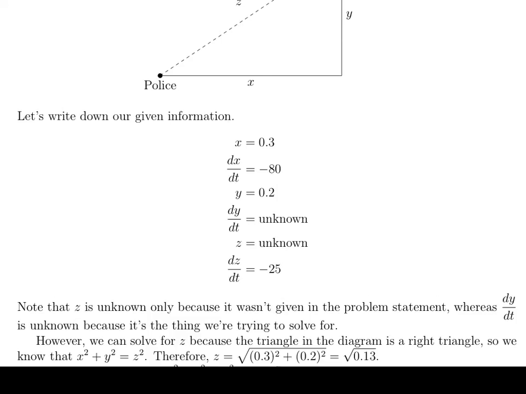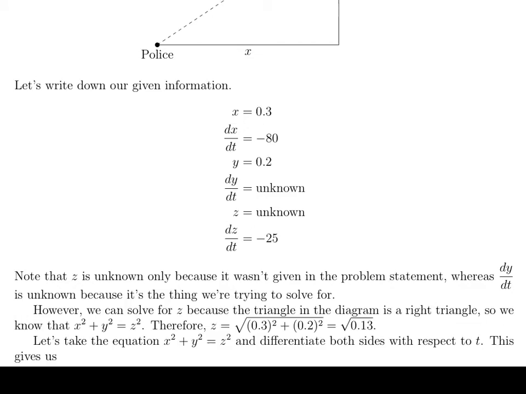All we need to use is the Pythagorean theorem because we're dealing with a right triangle here. So our triangle in that diagram is a right triangle, so x squared plus y squared equals z squared. If we plug in the values of x and y, we can get a value for z. So z is the square root of 0.3 squared plus 0.2 squared, and that all works out to the square root of 0.13.